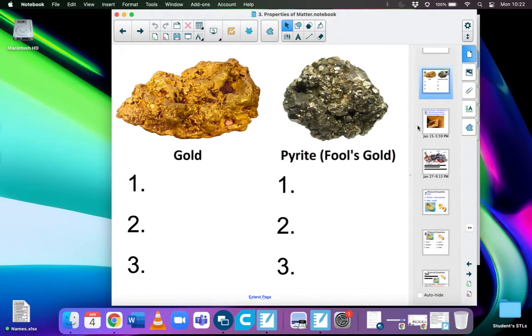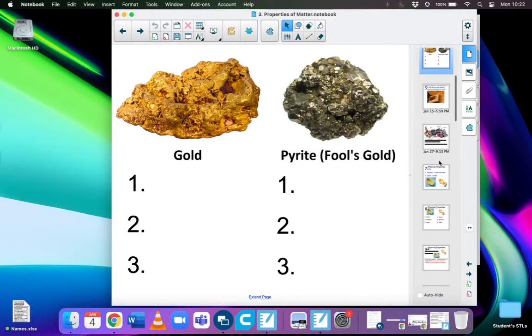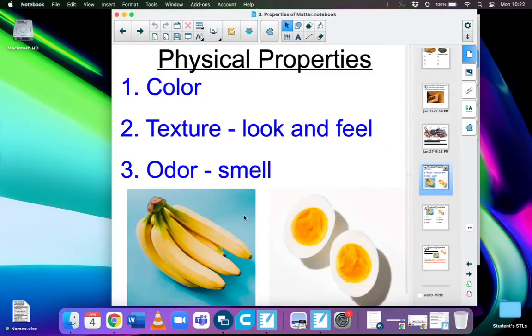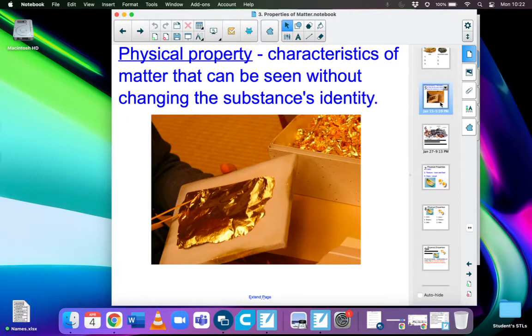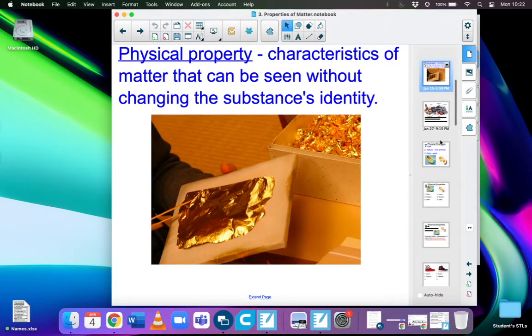So we went over the different properties of various objects: gold, fool's gold, bananas, and eggs. We know that these are different from each other because they have different colors, textures, odors. And we also said that physical properties are characteristics of matter that we can observe without changing the identity of the substance. Look at this example here.